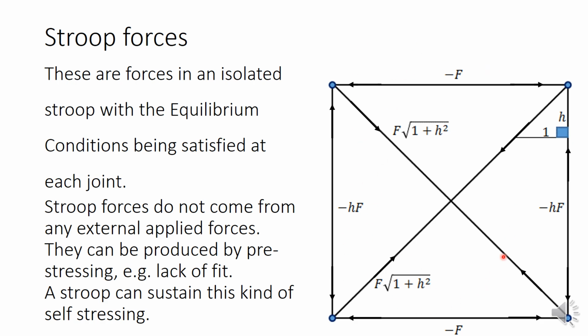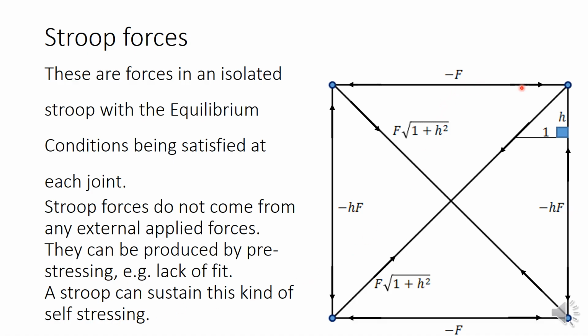Isolated means without having any external force applied, and the forces are in equilibrium and entirely contained within the Stroop. Now, such Stroop forces can be produced by pre-stressing, for example, lack of fit. If one member is a little too long or too short, it will create this kind of pre-stressing. So a Stroop can sustain this kind of self-stressing.